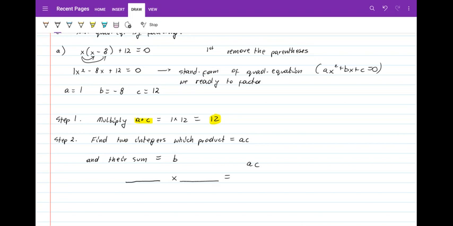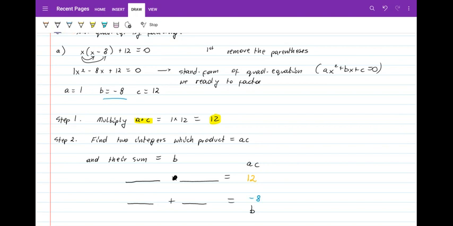So product is multiplication. So I will just use for multiplication that, so we're not getting confused with x. In our case, A times C is 12. Also, the same two integers by addition has to give you the coefficient B. So coefficient B is equal to negative 8. Okay.